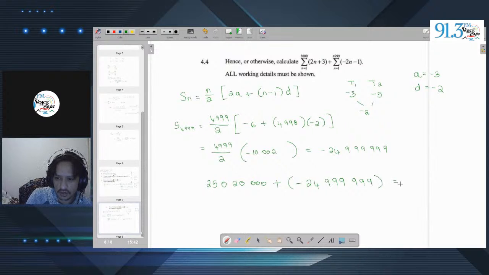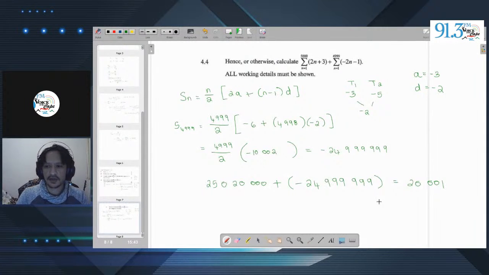And our answer is going to be 25,020,123 minus 24,999,999. And that gives us an answer of 20,001. And there we go. That is how you solve that problem.